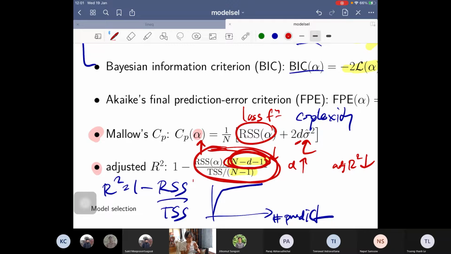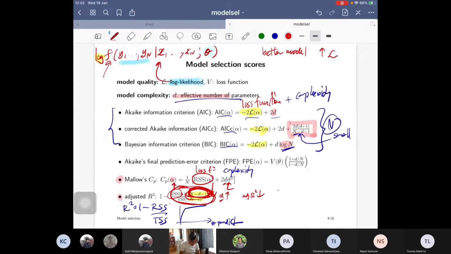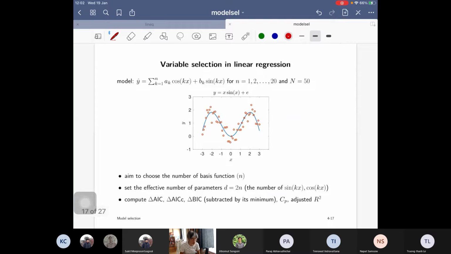Which means there is going to be an appropriate value of D. In order to use a more complex model, you need to make sure that the portion of the RSS that is deducted is worth it, but because of adding more complexity, you penalize this term to be less. Okay. So in the plot of adjusted R-square, we will see it here.